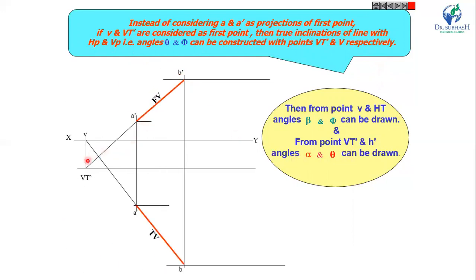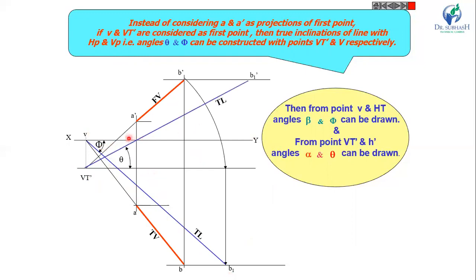Here you can see initially points V and VT dash are considered. So from that we can draw this way. From V and HT you can draw beta and phi, and from VT and H dash you can draw alpha and theta.